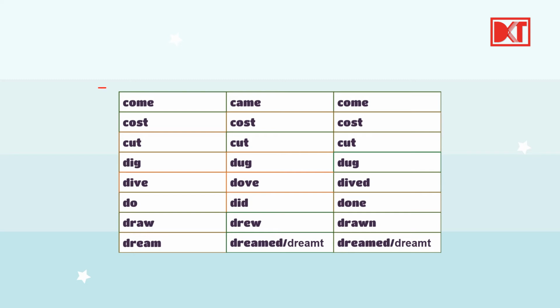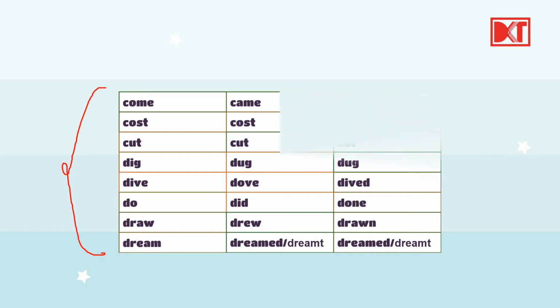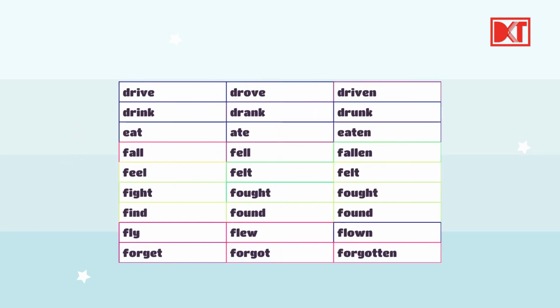Here you can take a screenshot or you can just go through them if you want. Pause the video and go through them. Drive, drink, eat, fall, feel, fight, find, fly, forget. I am not reading them all out for you because it will become very monotonous. You can just go through them by pausing the video or take a screenshot if you like.